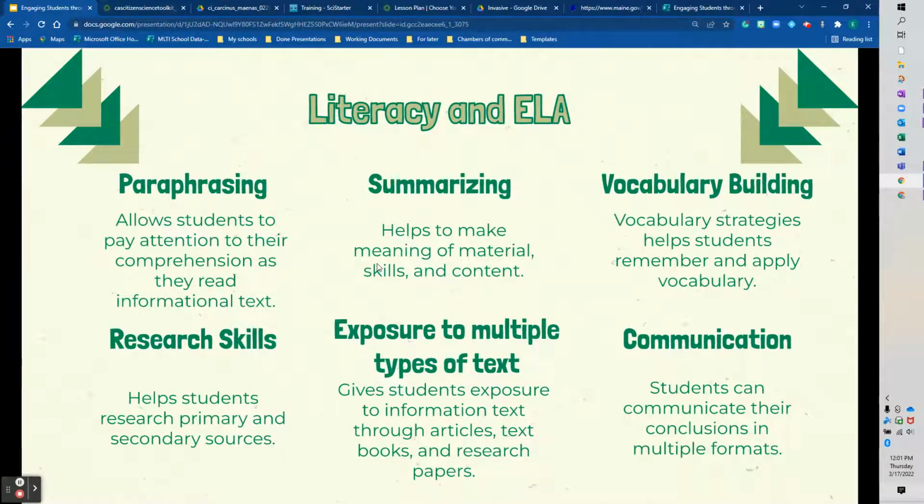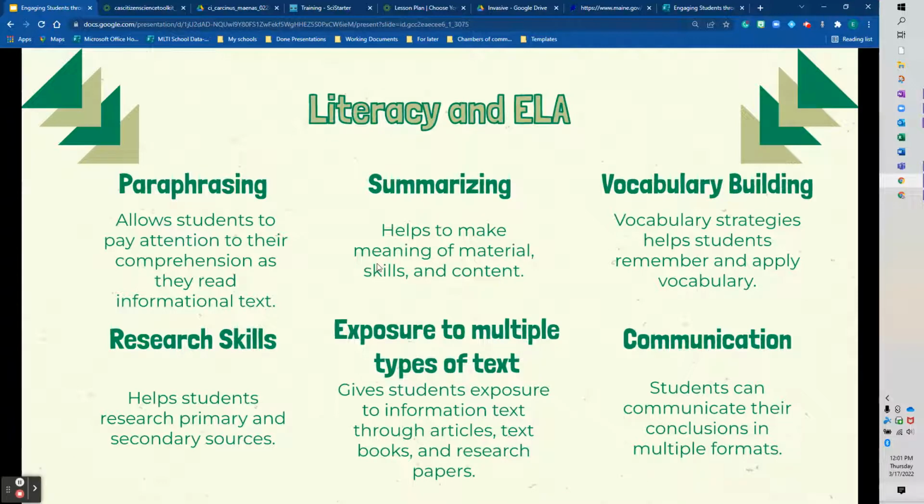Communication. How do you communicate the conclusions that you've found, right? And how do you do that effectively and in a clear way that everybody can understand what you're talking about? So you can absolutely come at this from a literacy perspective or a social studies perspective and just do citizen science in your class outside of a science class. Or if the opportunity exists, make it a bigger project that's cross-curricular.